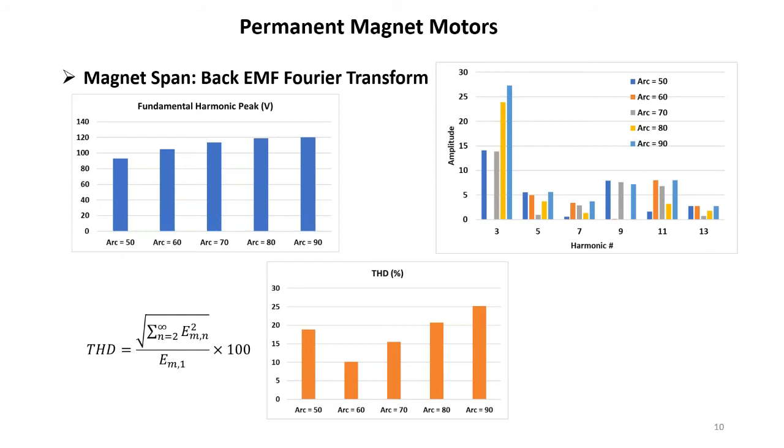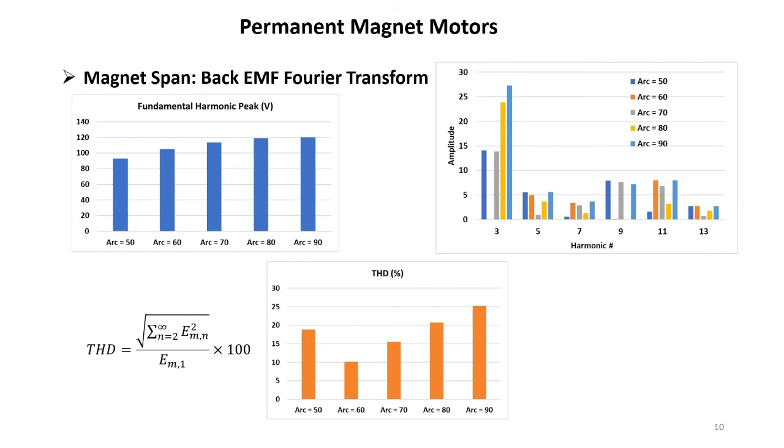You can see clearly here the 60-degree arc, the machine which has the 60-degree magnet span, has the minimum THD. That means this machine has the most similar waveform to the sinusoidal compared to the others. And by increasing the magnet size, this THD increases, which means creating higher harmonics.